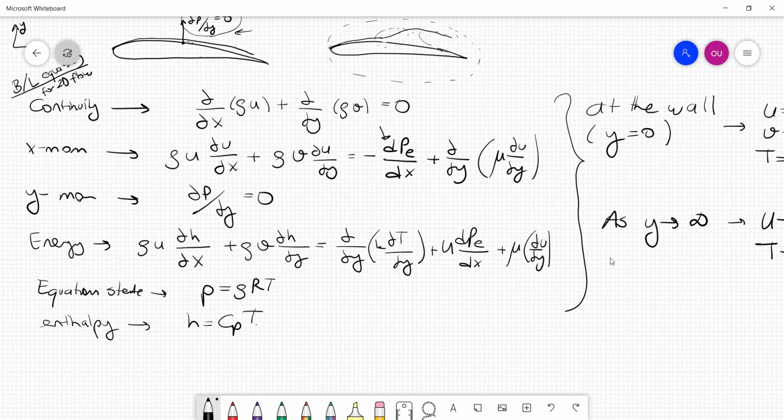So he obtained for the first time a solution for these boundary layer equations for a simple case, of course: a flat plate, two-dimensional flow, incompressible flow, and what we call laminar flow. We will see those definitions later. So for the simplest case that you can get, he obtained an analytical solution, not a numerical solution, to this set of boundary layer equations.